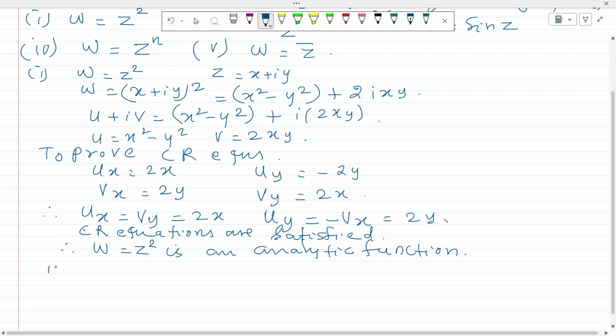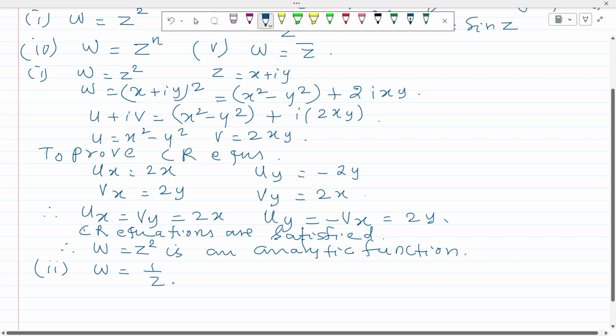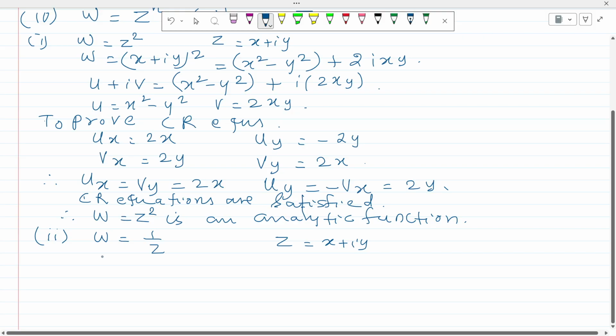First one is W equal to z square. Second problem is W equal to 1 by z. So where z equal to x plus iy. Then W equal to 1 by x plus iy.